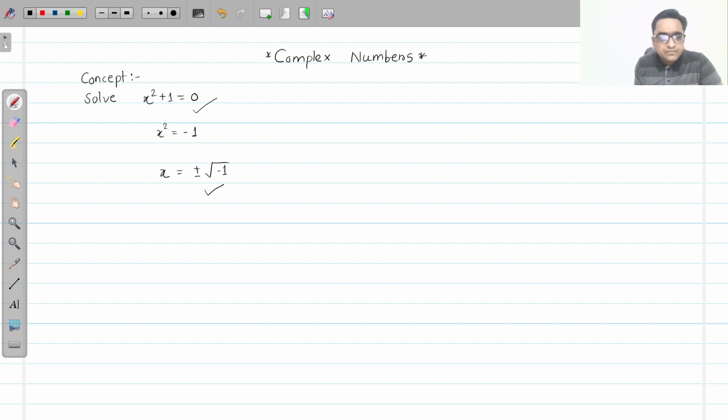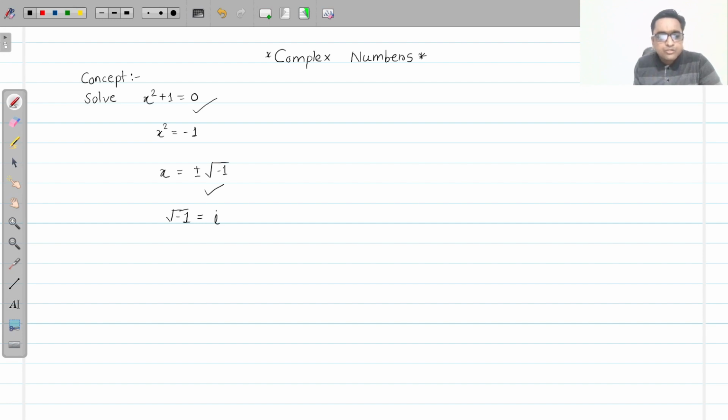So let us think that we can allot a number, or we can solve this problem by allotting under root of minus 1 as i.